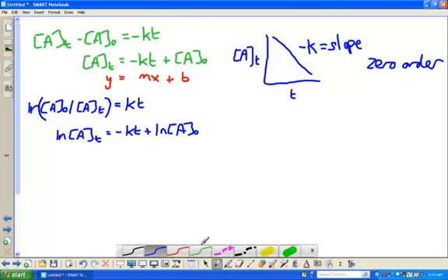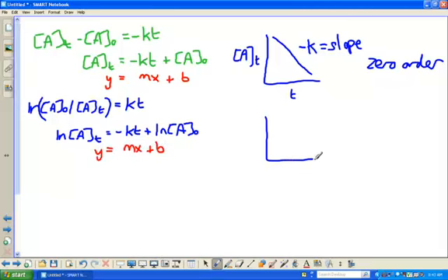Alright? And once again, I can say the same thing as I said before. This is now in the form of a straight line. And so in this case, if I plot the natural log of my concentration at time t versus time, will I get a positive or a negative slope? Well, I've got a negative k here, so it'll be another negative slope. Alright, and that's for first order.